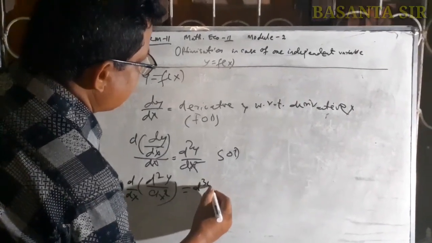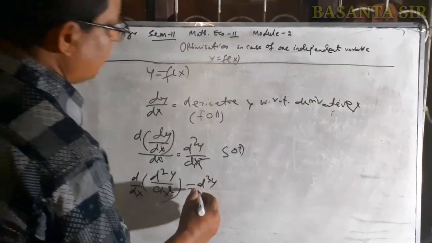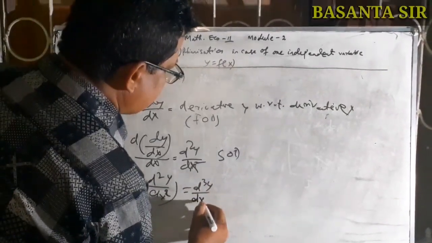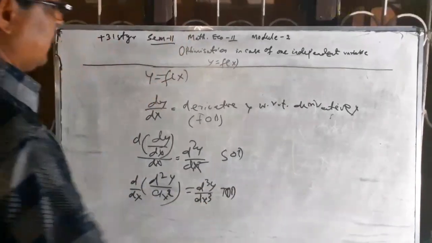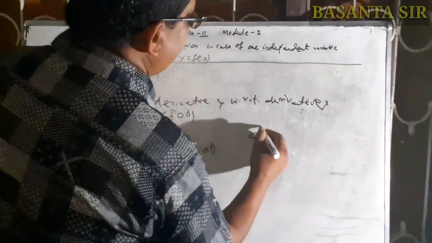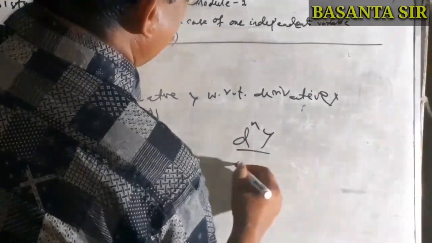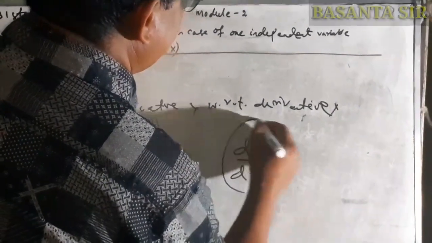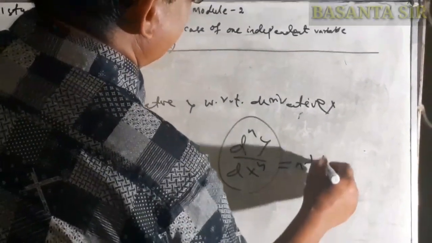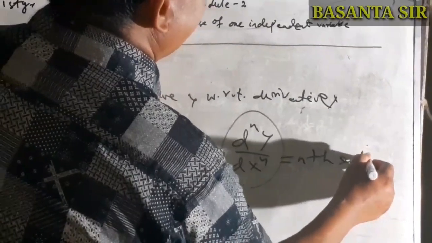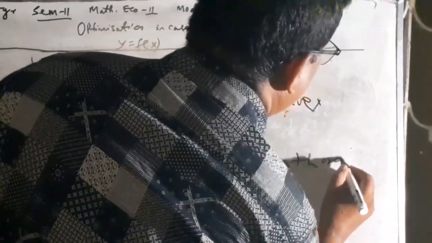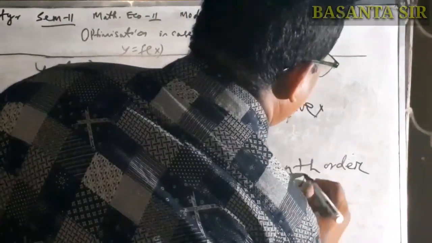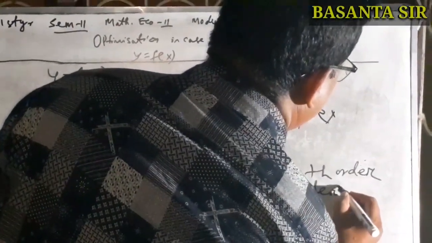That is symbolized by d cube y by dx cube. Like that, we will find d n y by dx n. This is the nth order derivative.